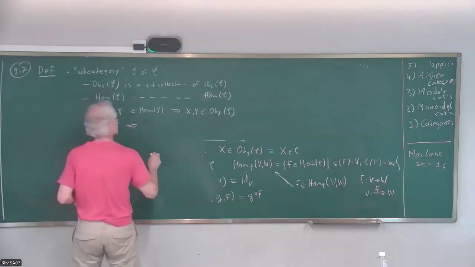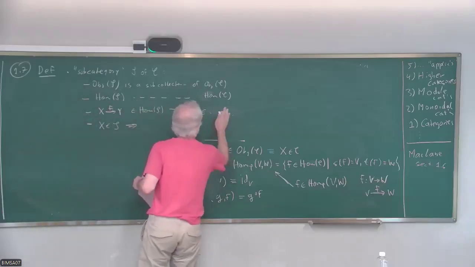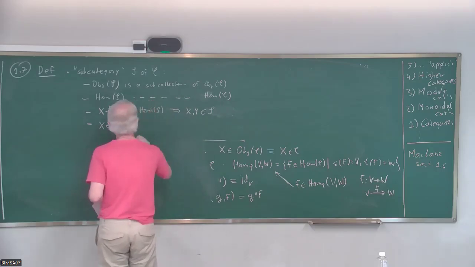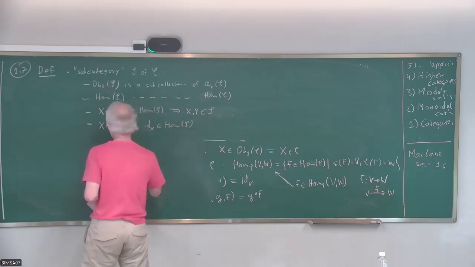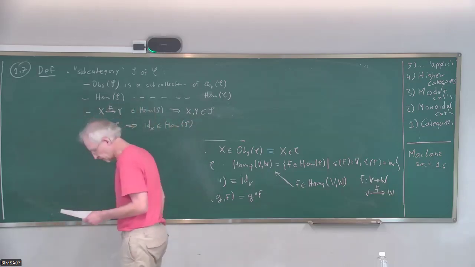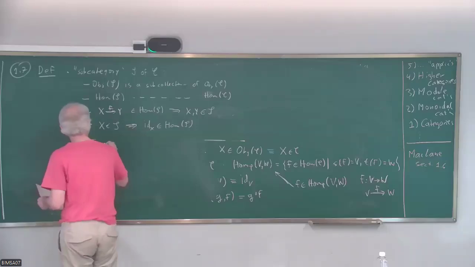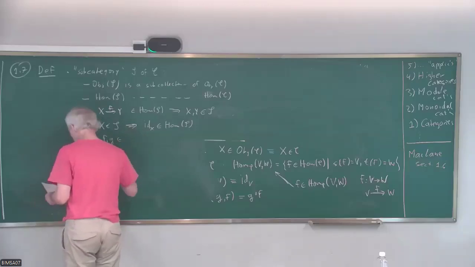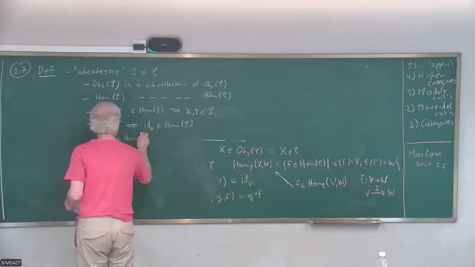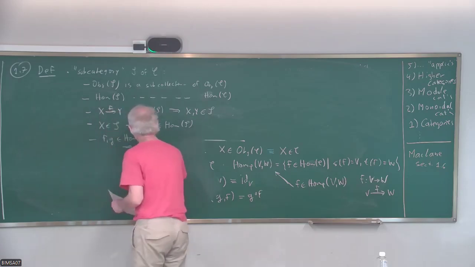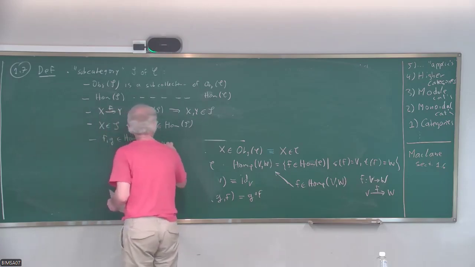So if X is in S, then also the identity of X is in hom of S, and it's compatible with composition. So if f and g are morphisms in S, and composable, then g after f is in hom of S.